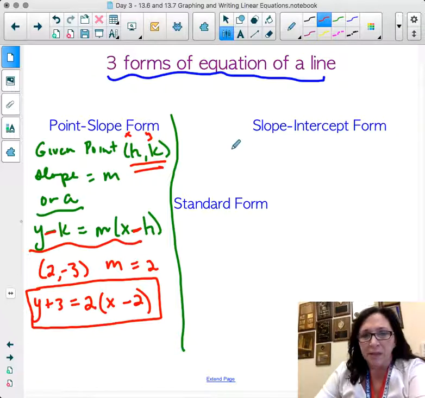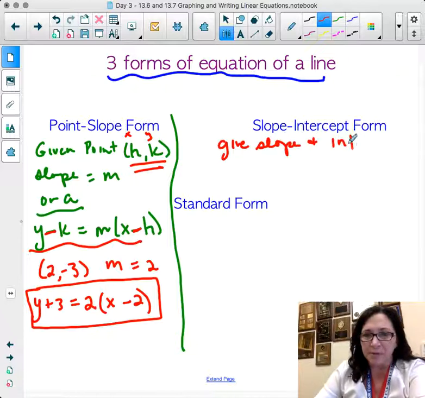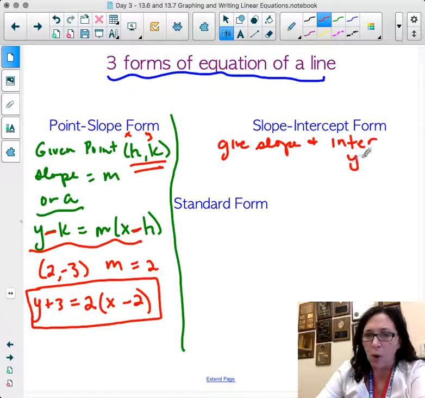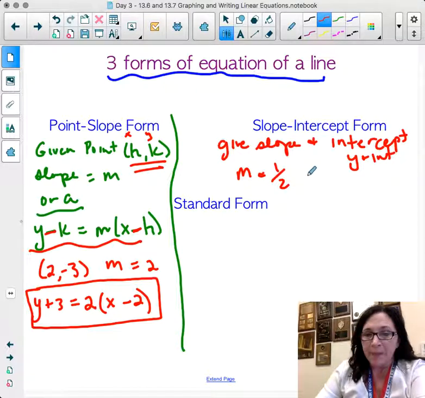Slope-intercept form is where they give you a slope and an intercept. And the intercept that they give you is your y-intercept. So they may say your slope is, let's say, 1/2, and your y-intercept, which they do call b, is 5.